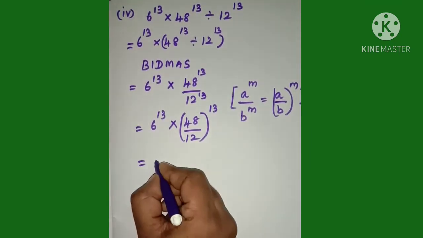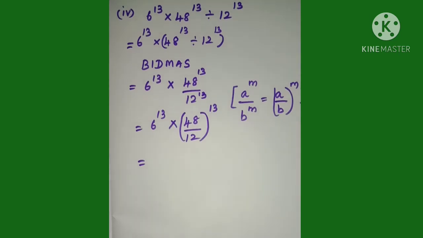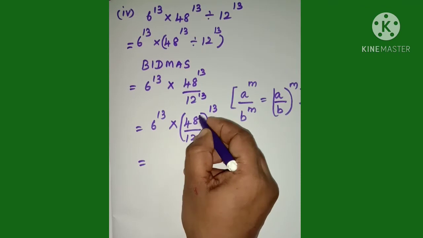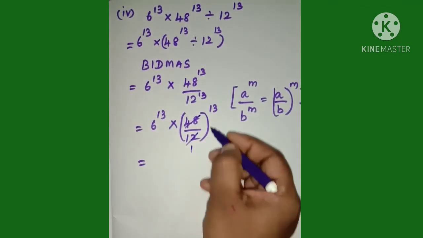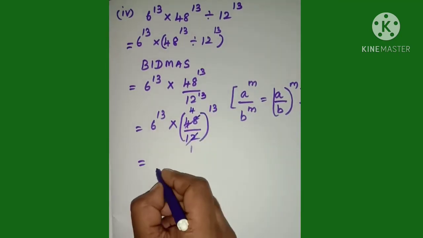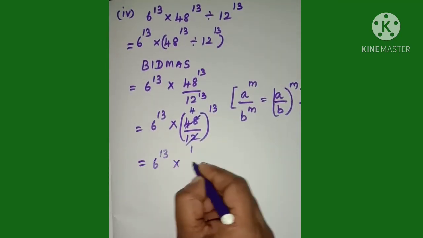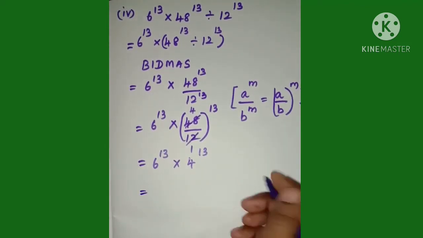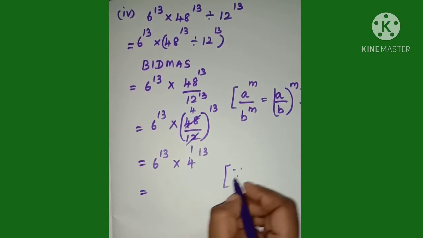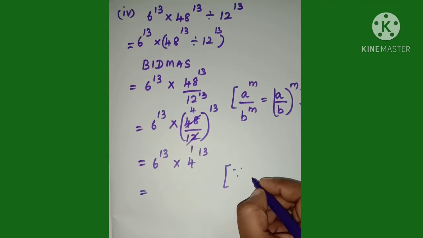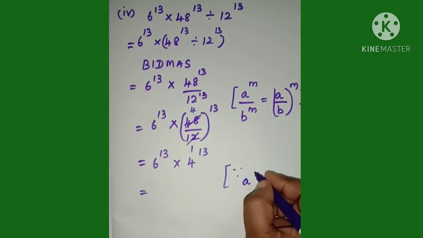So now students, listen carefully. Here we are going to cancel those values. 48 by 12, by using the 12 table, it is 4 times. So 6 to the power 13 into 4 to the power 13. And then here we are using the power of a product rule. So what is the power of a product rule? The bases are non-identical bases.